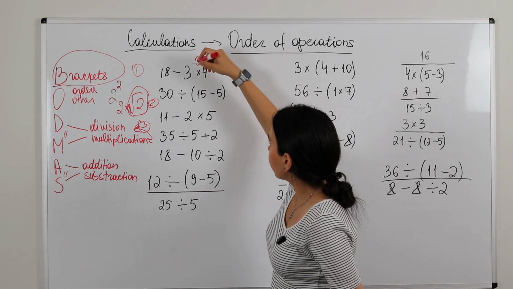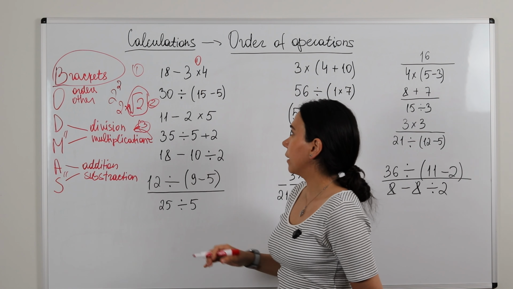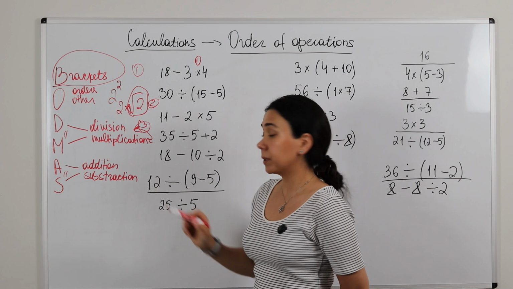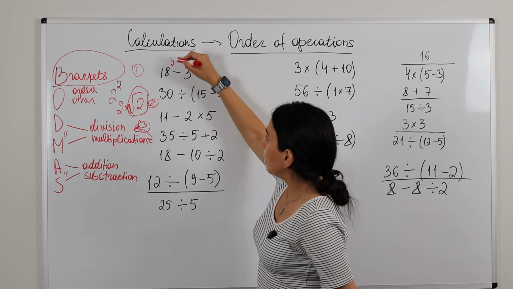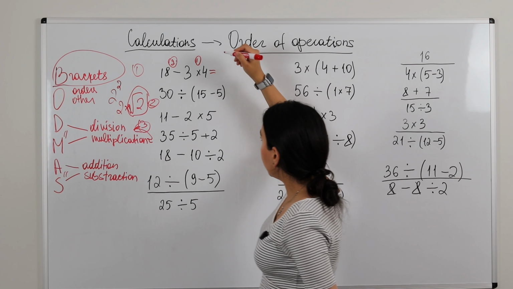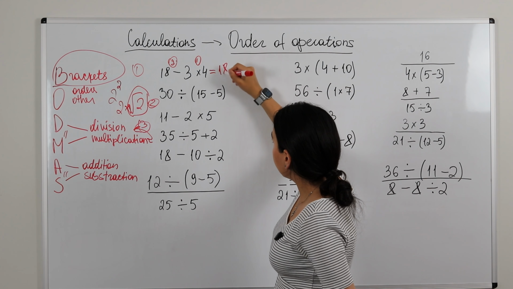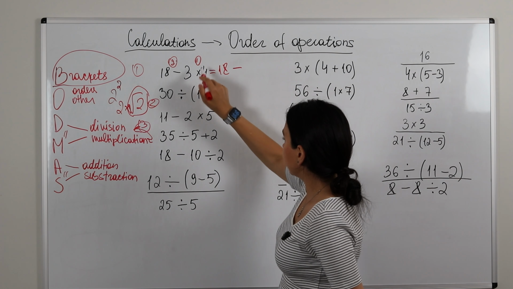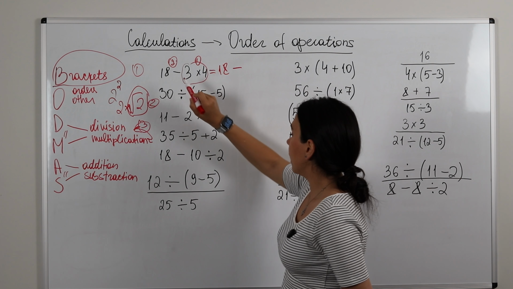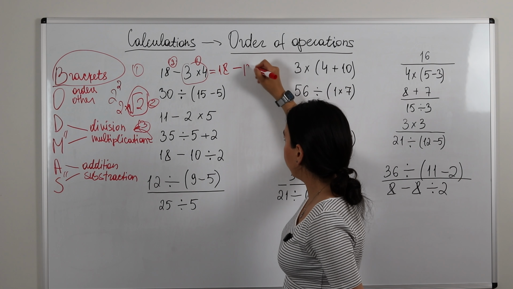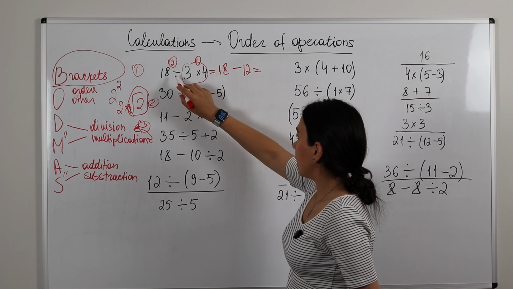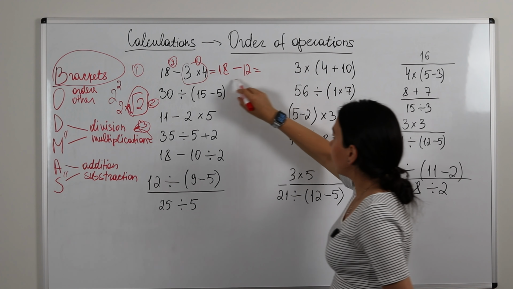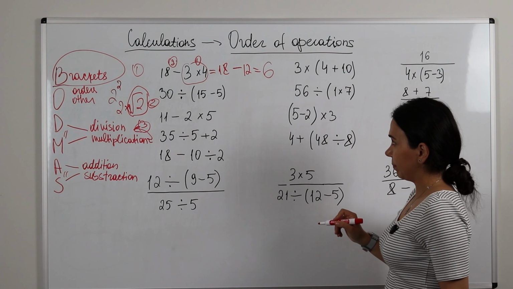Then that would be the first thing that we calculate. Then do we have addition or subtraction? We do. Then that would be the second thing. So 18 remains as is, minus, we do this calculation first, 3 multiplied by 4, 12. Then we do the subtraction second, 18 minus 12 equals 6.